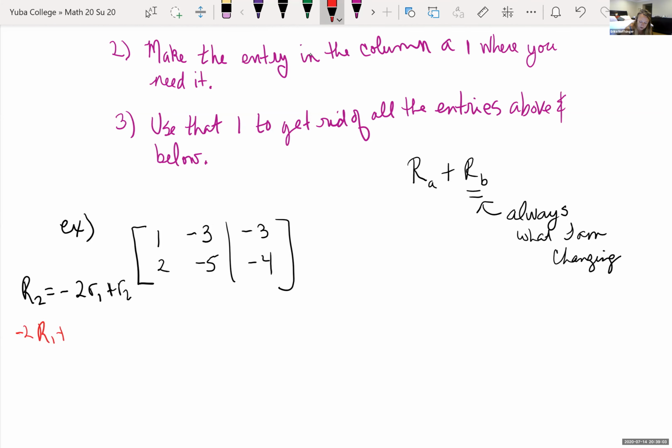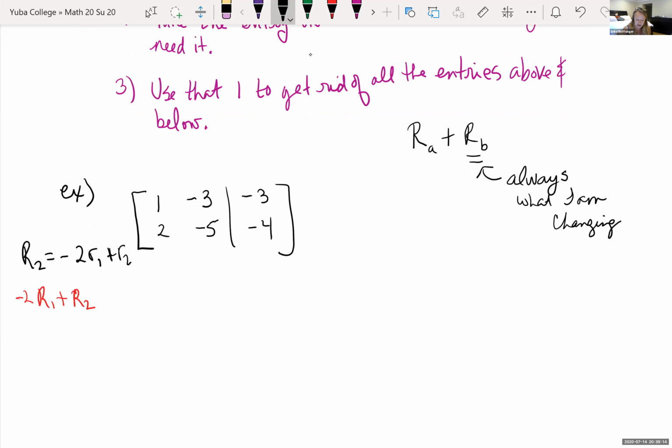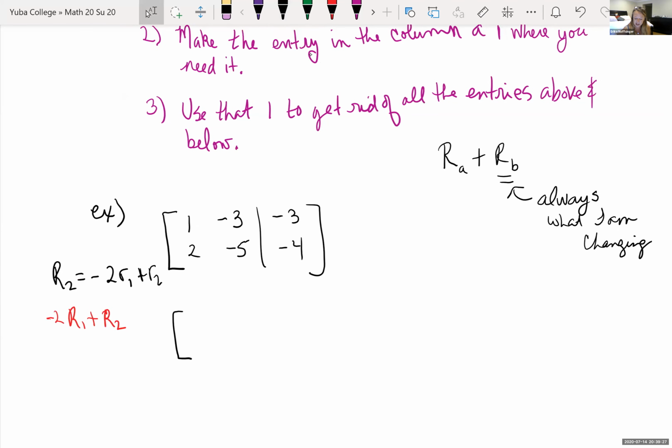So while we're doing this, we can actually do this without writing things down again over here. So I am not changing my row 1. I'm just using my row 1 to manipulate row 2. And so sometimes it's helpful to write down the rows that you're not changing in your matrix. And so I'm not changing row 1. I have 1, -3, and then the augmented -3. And so now let's multiply row 1 by -2 and add it to row 2.